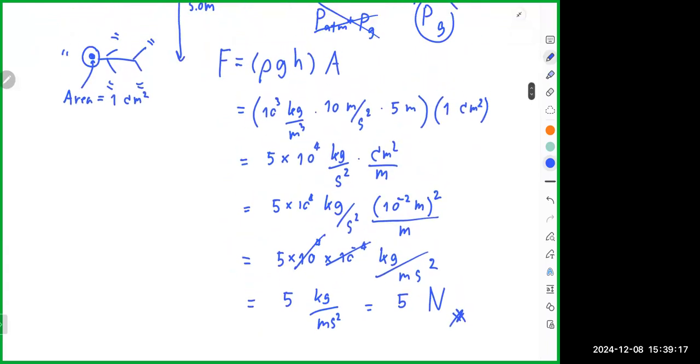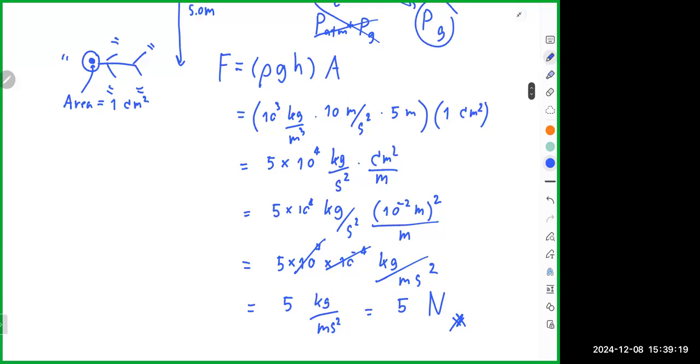The technique that I use right here is that I know that 100 centimeter is 1 meter, right? So 1 centimeter is 1/100 meters.